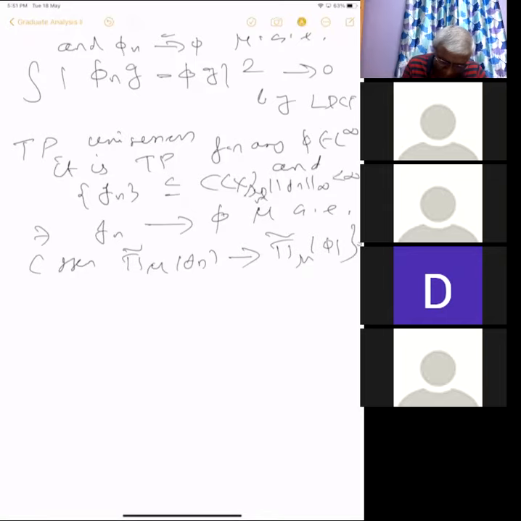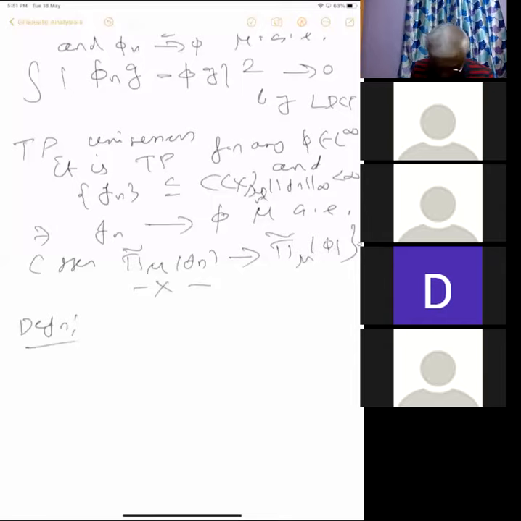To prove that, let us discuss some new idea we haven't discussed in the measure theory course: convergence in measure. In this theorem itself, you can replace almost everywhere convergence by convergence in measure. Almost everywhere convergence is stronger than convergence in measure, which I am going to define. Definition: we can define this for any measure space, but we consider a finite measure space. So (X, mu) is a measure space.